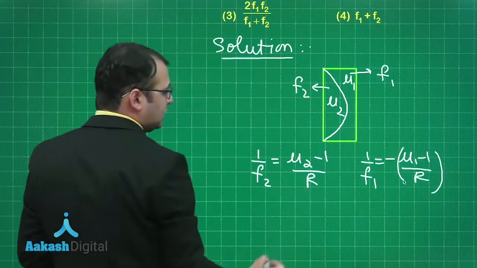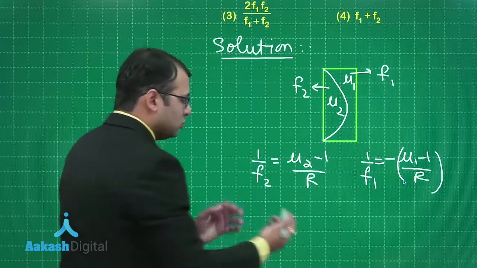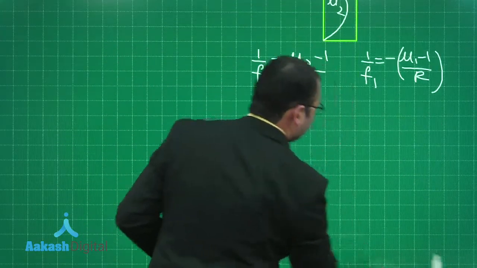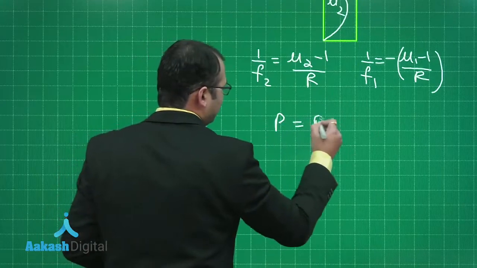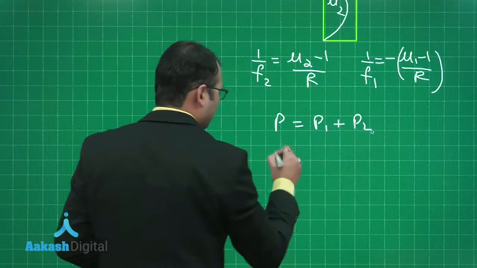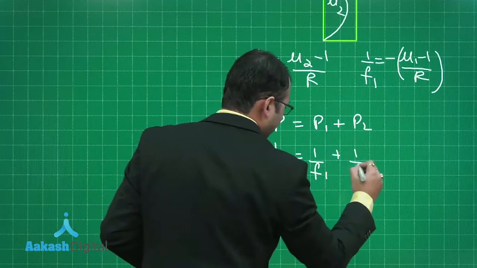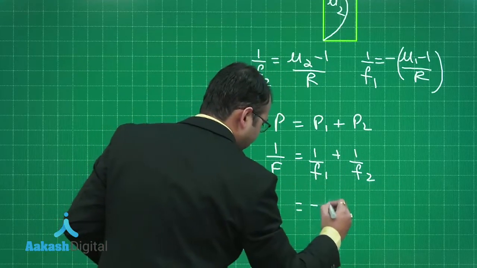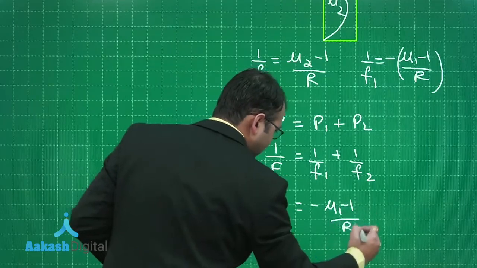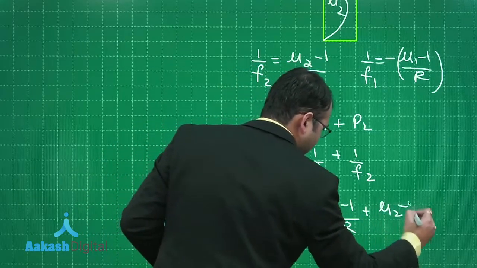Now when you add these two, simply it's a combination of lenses, so the net focal length, when you say net power, will be equal to p1 plus p2, or 1 upon focal length would be simply equal to 1 upon f1 plus 1 upon f2. Let's put down the values. Minus of mu1 minus 1 by r plus mu2 minus 1 by r.